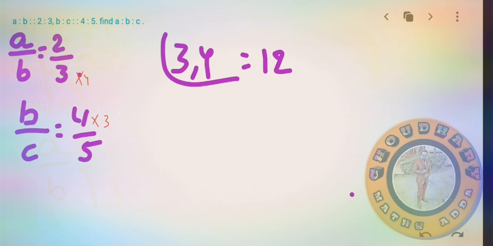Then only we will have the value of B as 12 in both ratios.